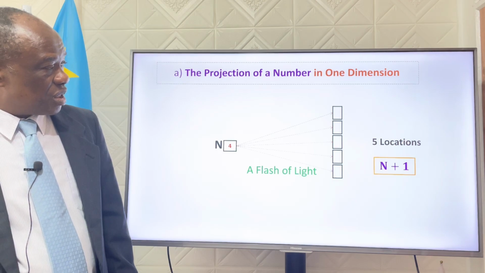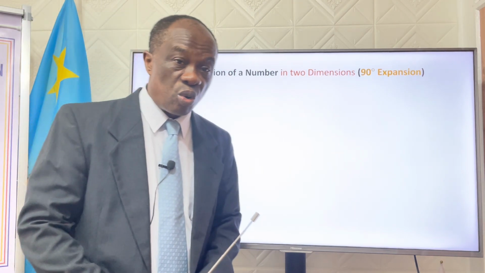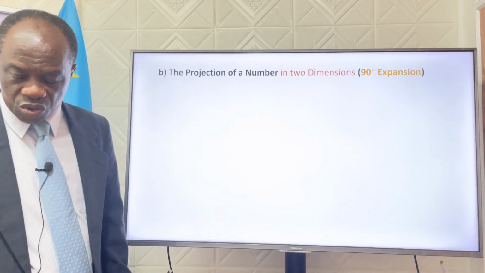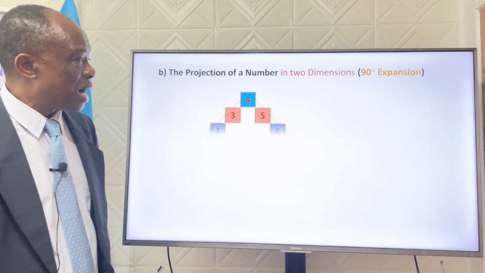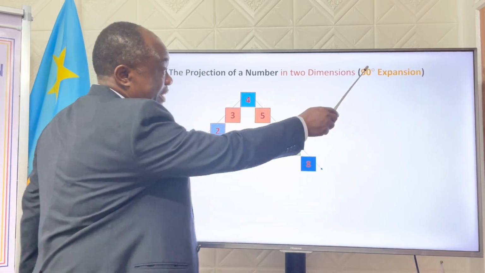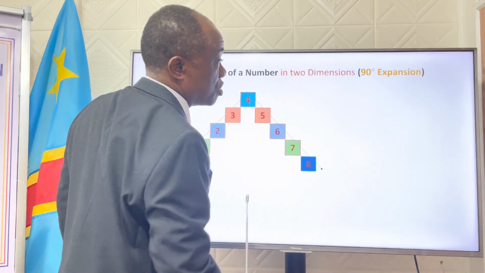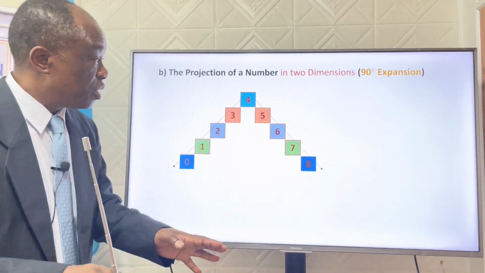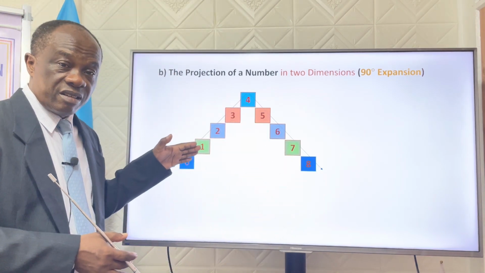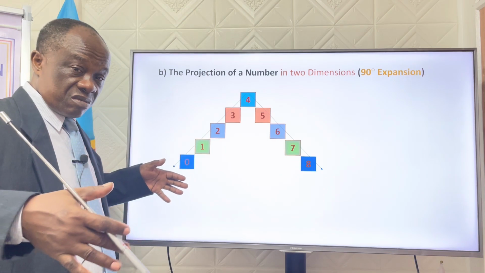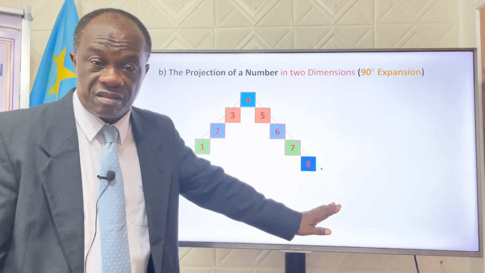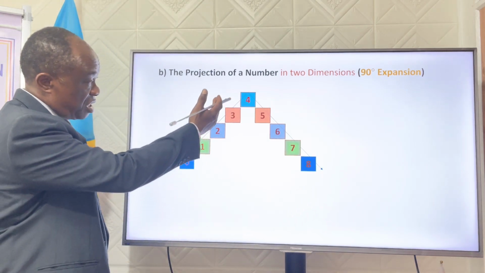Then we can also do the projection in 2 dimensions. In 2 dimensions, we have to expand the number on 90 degrees. So we do the expansion on 90 degrees. And when you do the expansion, it means on one side it decelerates, and the other side is accelerated. So here we see this.